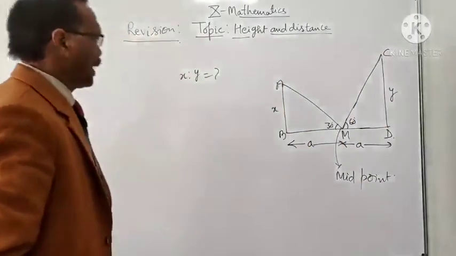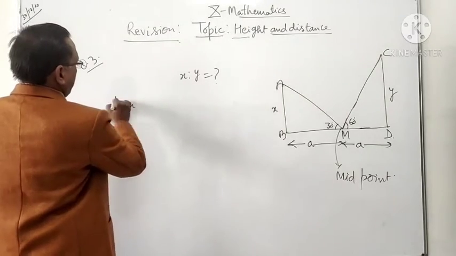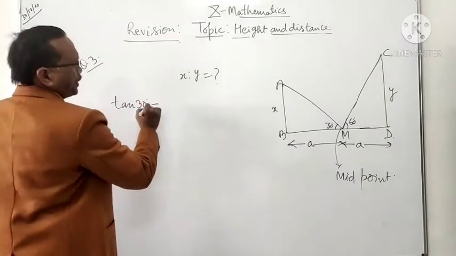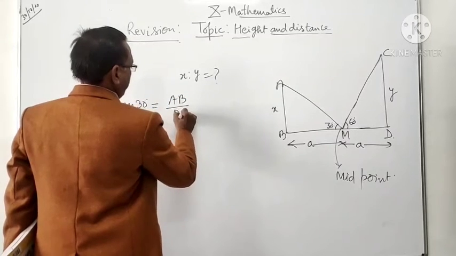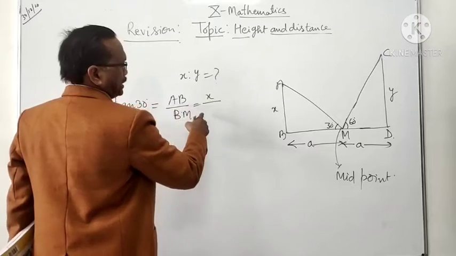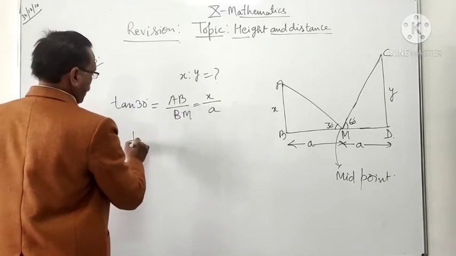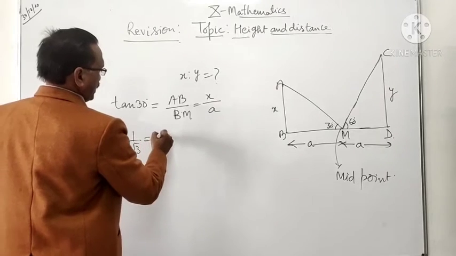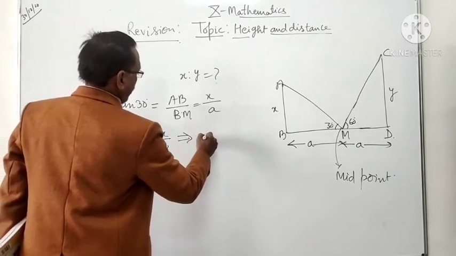Student, to find this ratio, it is better we take the tan. Tan 30 degree equal to AB upon BM. AB is x and BM is A. Tan 30 is 1 upon root 3. So it is x upon A. From this we will get the value of x.